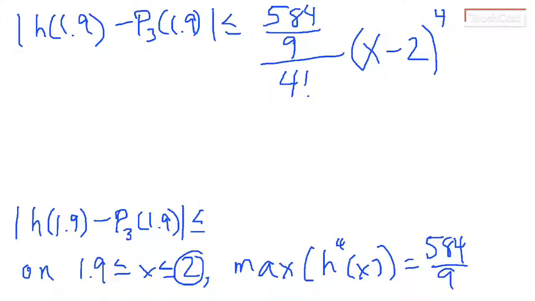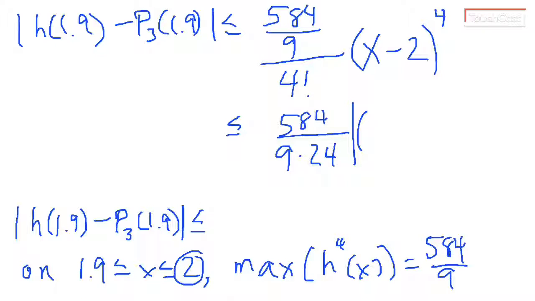So I'm grateful that this is the calculator section. I'm going to type some of this in. That's 584 over 9 times 4 factorial, which is 4 times 3, 12 times 2 is 24. The x I'm using, oh, this should be absolute value. 1.9 minus 2, to the 4th. I'm going to use my calculator to evaluate this.